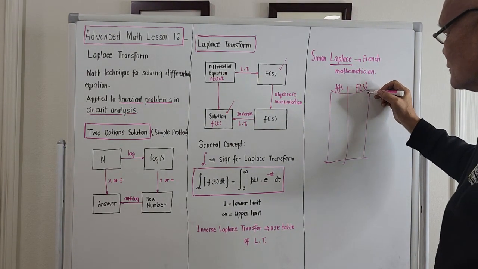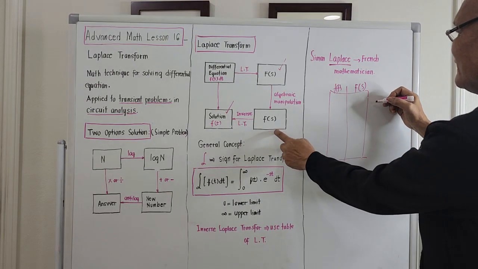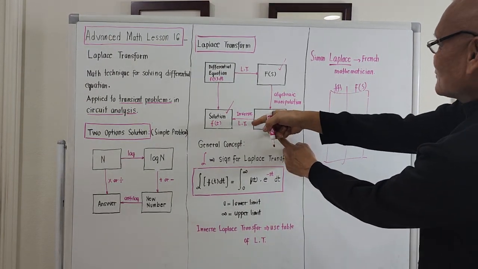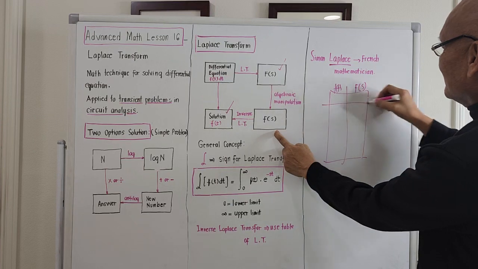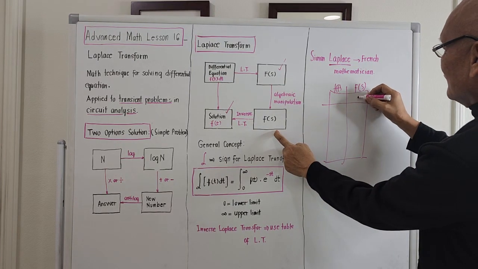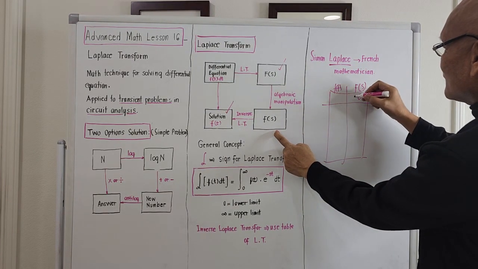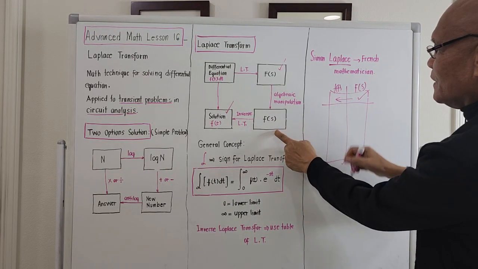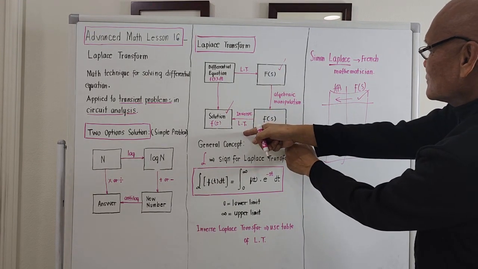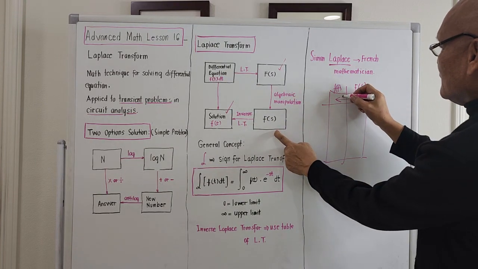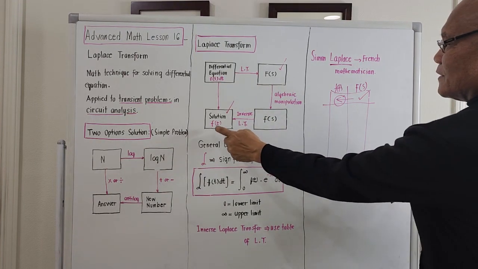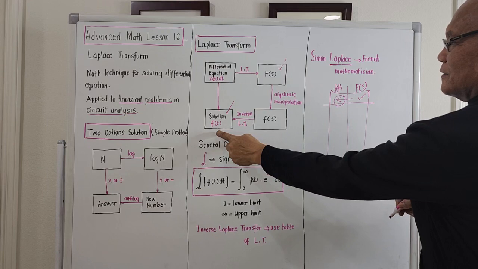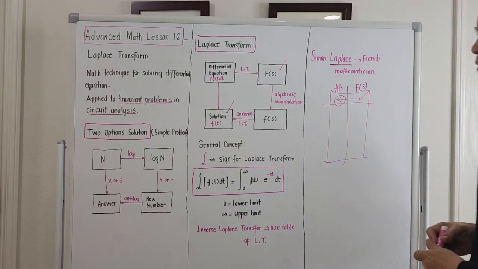Upon reaching this one, to take the inverse Laplace transform, just look at this, and you go back like here, meaning we are taking the inverse Laplace transform. So what will be the contents of this will be the final answer. It is something like that.